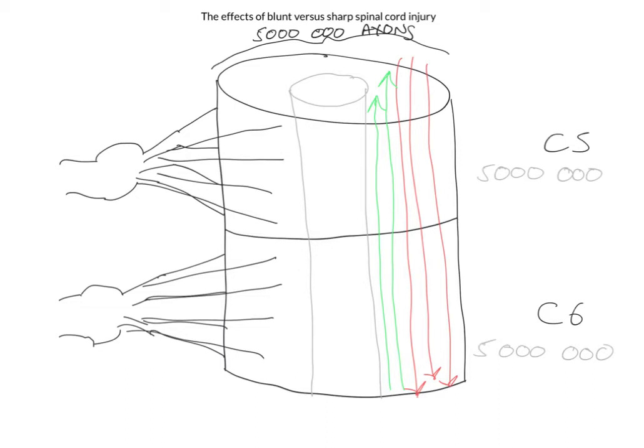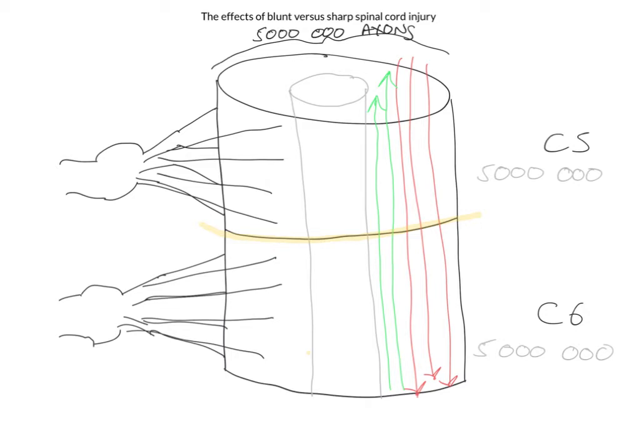So let's start off by introducing an injury to this spinal cord. And this injury that we're going to induce, I'm going to use a yellow colour for it, is going to be a sharp transection. And this is a sharp transection which is going to be complete. It's going to sit between the C5 and C6 cord segments. So the line that it's going to take is this. Okay, so here is our sharp transection.